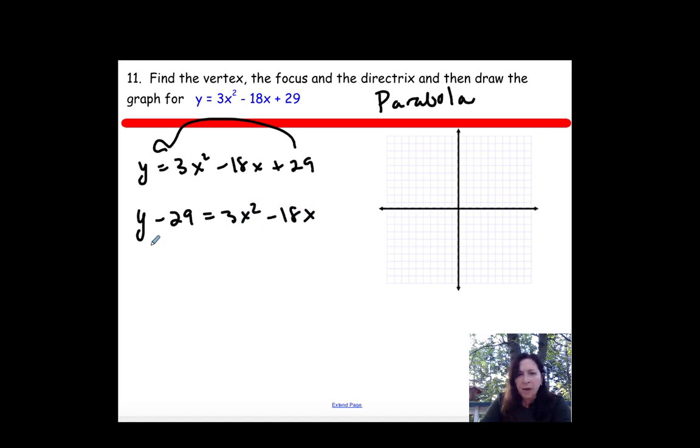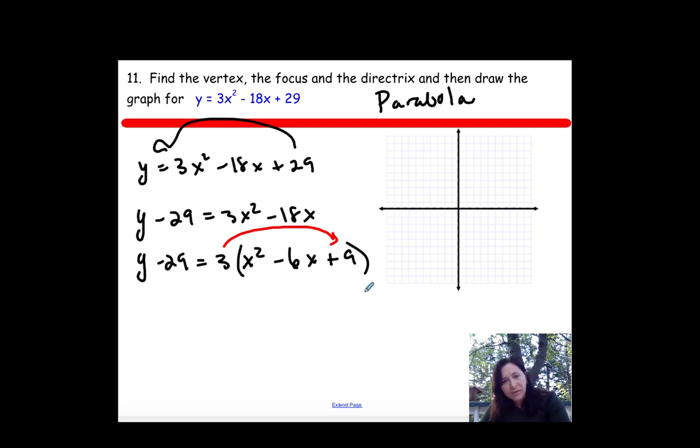We do have to factor out the 3, so we go y minus 29 equals 3 times the quantity x squared minus 6x. Half of 6 is 3. 3 squared is 9. Remember, whatever you add to one side, you do have to add to the other. And if you notice, I'm adding 3 times 9, which is 27.